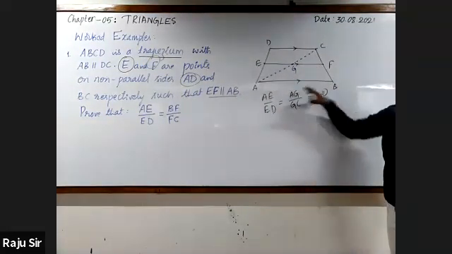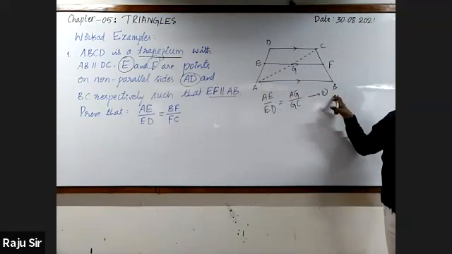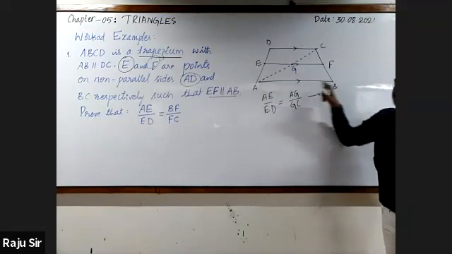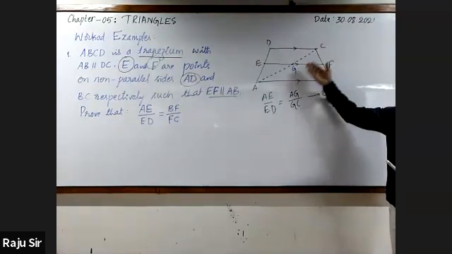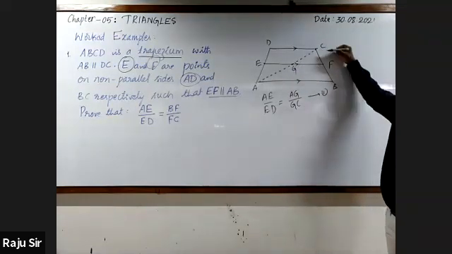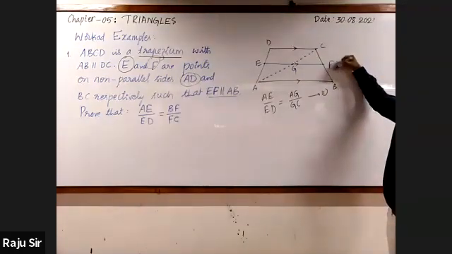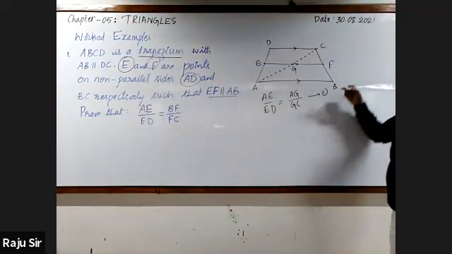In triangle ABC, GF is parallel to AB. Then here also we can use BPT.